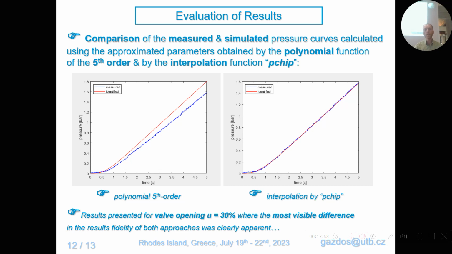But when we compare it to the interpolation-based approach using the pchip function, it follows, in fact, quite smoothly the measured data, and not only in this case for this operating condition, but also for other operating points.